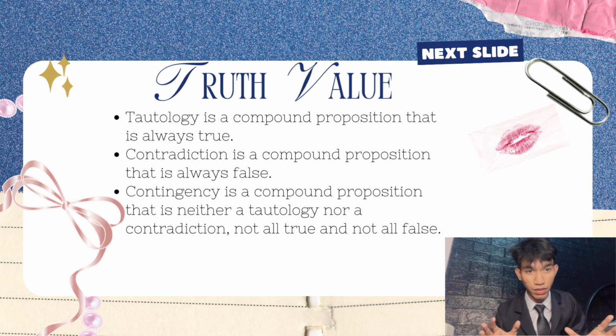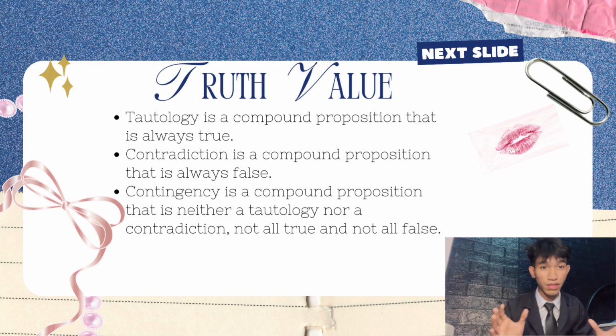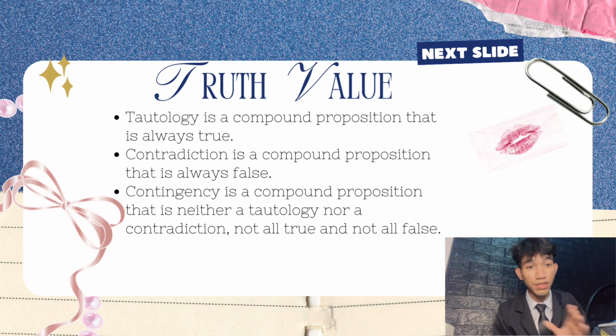Tautology. What is tautology? Tautology is a compound proposition that is always true. The truth value is always true if we check on the truth table, while contradiction is a compound proposition that is always false.